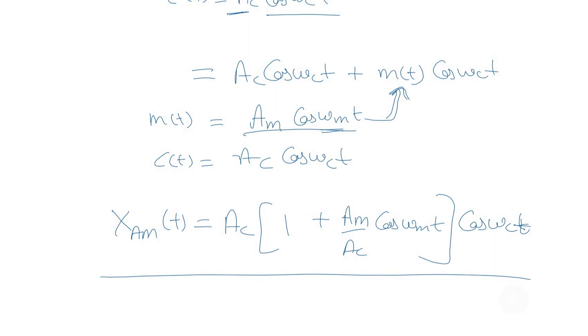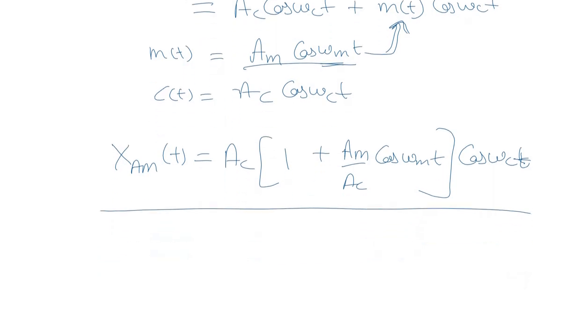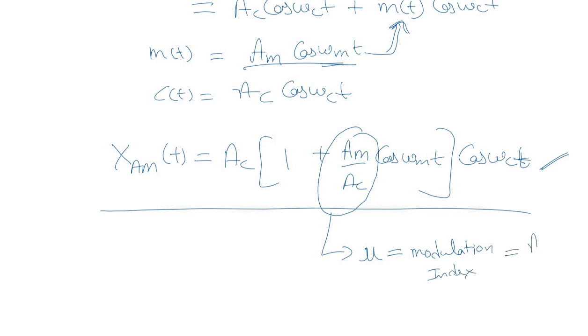Simple mathematical manipulation. So this is again the notation for DSB-C type of signal, that is conventional amplitude modulated signal. Now we define a very important term, which is this ratio AM by AC. This ratio is known as modulation index, represented by mu. It is the modulation index, and it is equal to AM by AC.